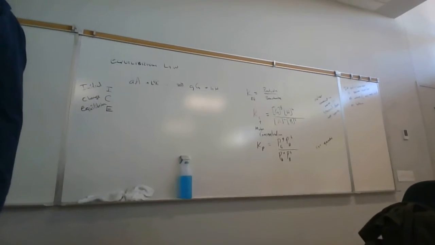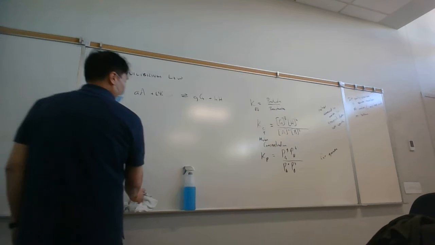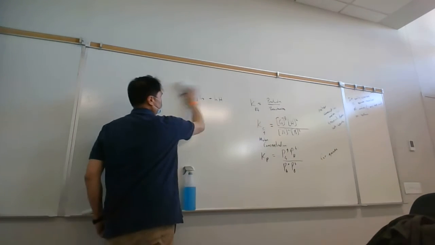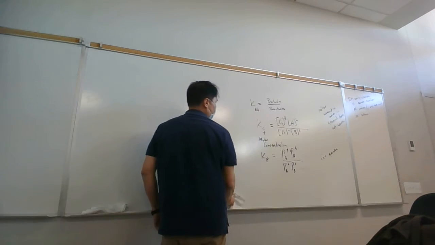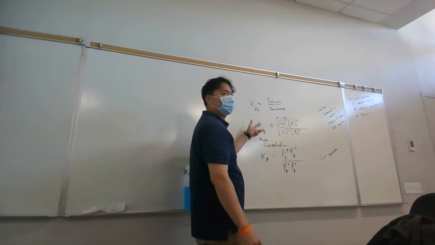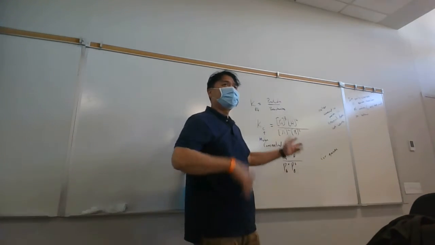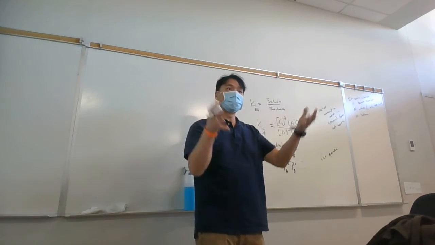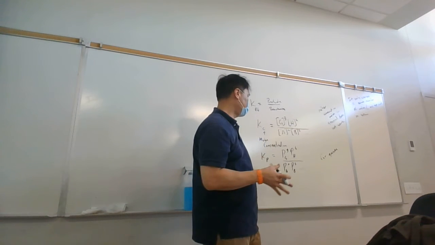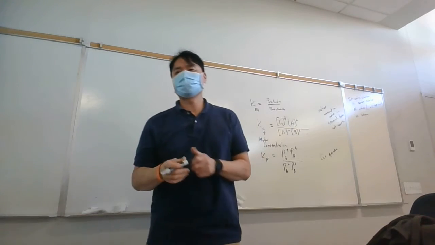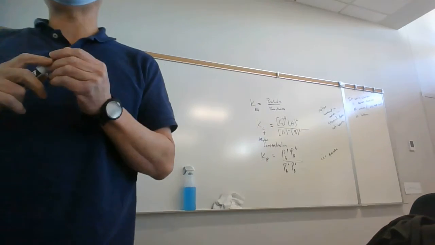For gases, we can relate the two, Kc and Kp, because they can come out as different numbers. If you use a Kc, you've got to make sure everything's in molar concentration. If you use a Kp, you've got to make sure everything's in atmospheres. Sometimes we're given molar concentrations in a Kp.